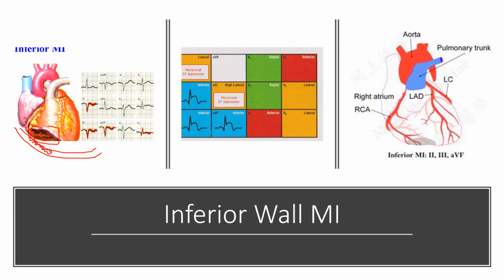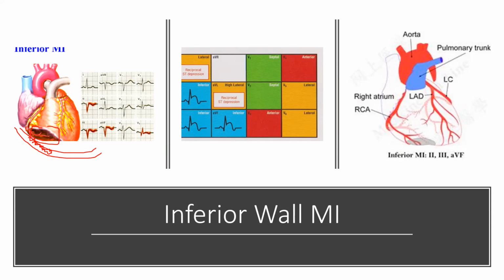Now, do we have to have all three of them? The answer is no. In order to diagnose myocardial infarction, there must be 2 leads that are contiguous. So only 2 is required. What do I mean by that?